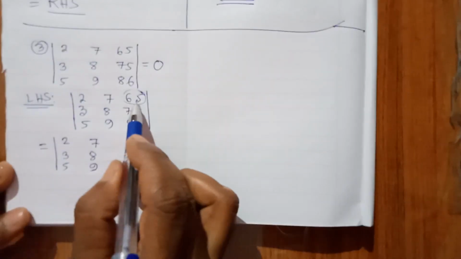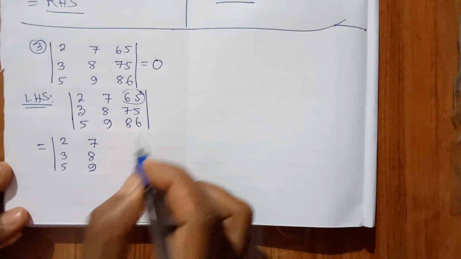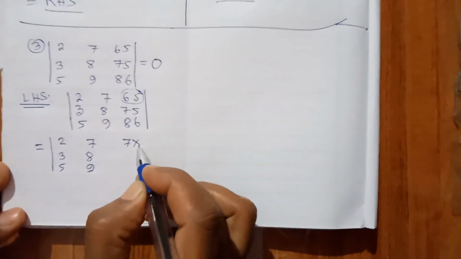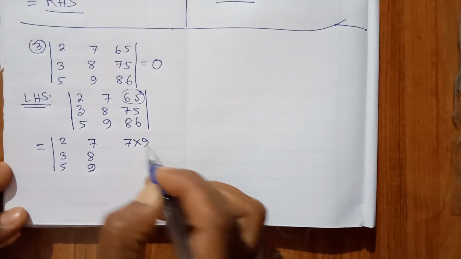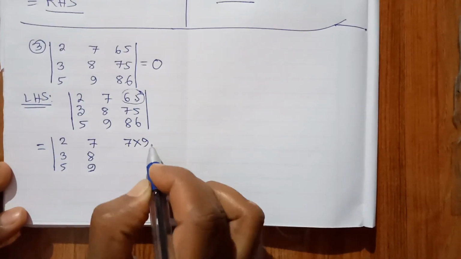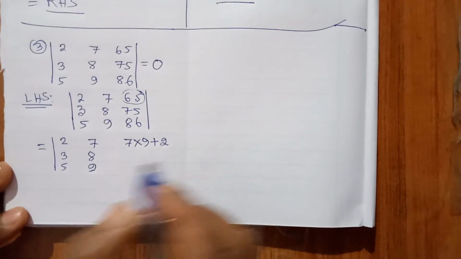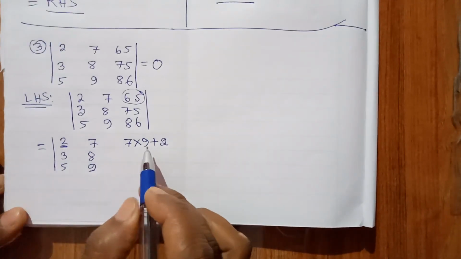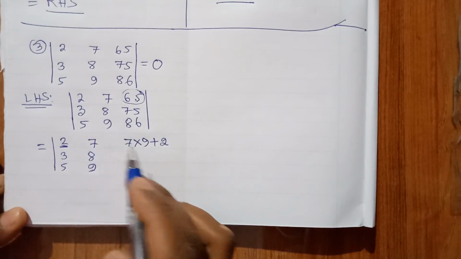If you divide 65 by 7, it will go 9 times: 7 nines are 63 plus remainder 2. The first column elements must come as remainders, and I will divide by the second column elements.